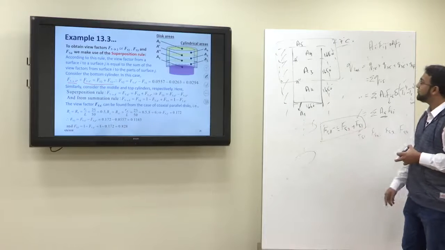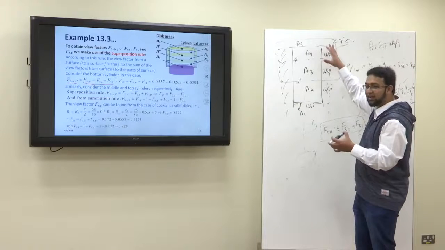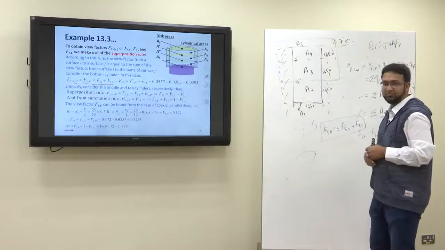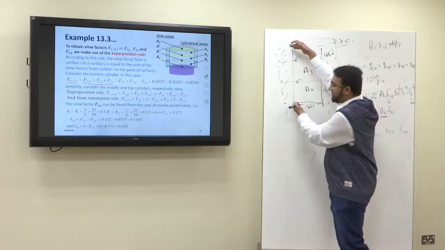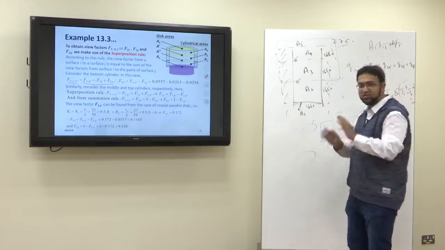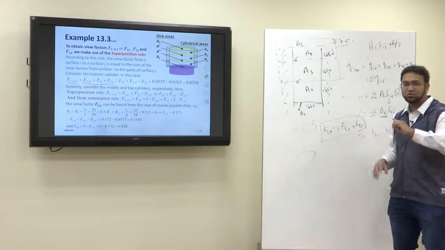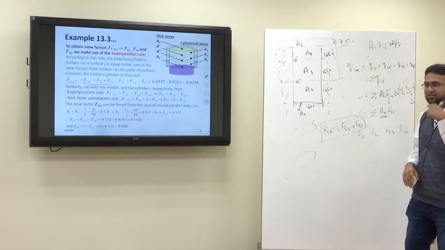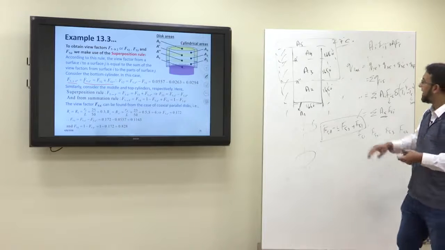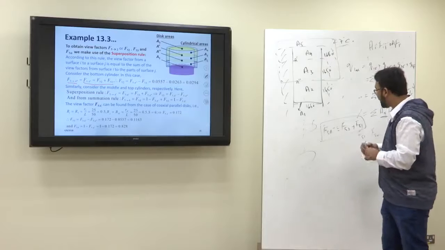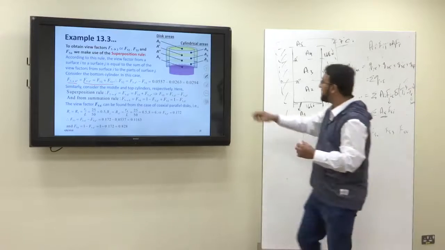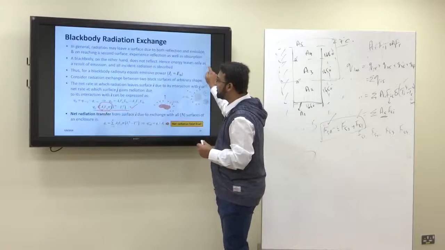So how can we find 5 to A double dash? Now it is again the same problem but with a smaller cylinder. Previously it was this big length, now it is this length. Same problem again, so repeating the same formulation, and we can find out what is 5 to A double dash. It's like moving back to this formulation again.